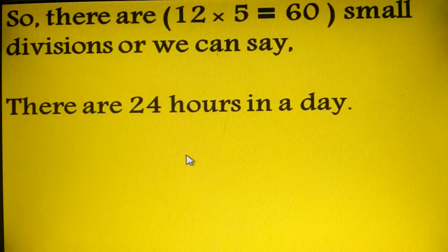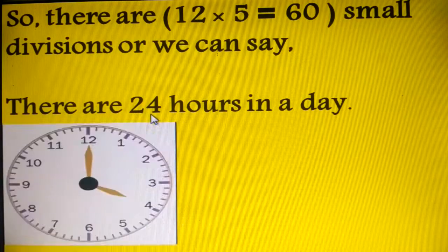When the hour hand completes one round of the clock, it means it has covered 12 hours. When it takes 2 rounds, it means it has covered 24 hours. And these 24 hours make one day.